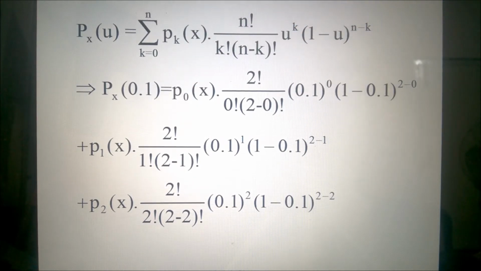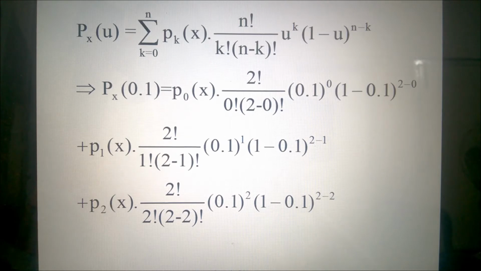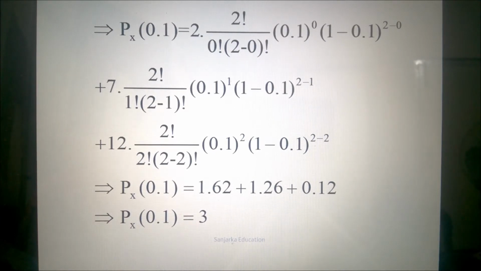Already I told you we are taking u equal to 0.1, and therefore substituting that, we substitute p0x, p1x, all the x coordinates of the control points, which we have already seen are 2, 7 and 12. After that, we found the corresponding x coordinate for u equal to 0.1 to be 3.